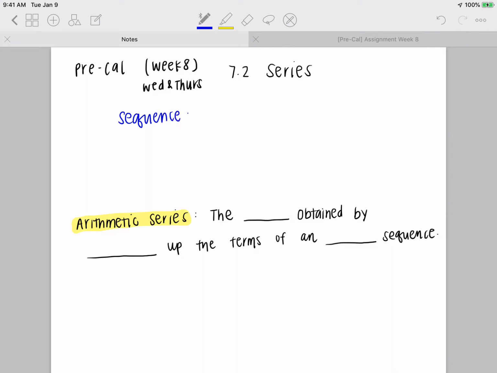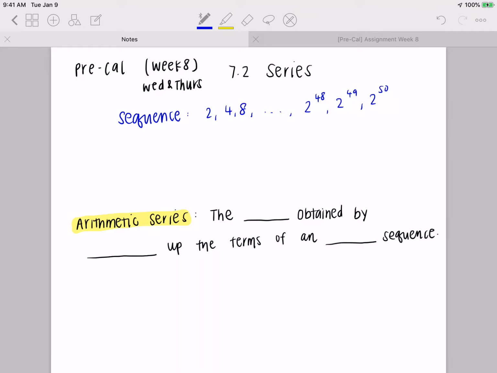A sequence, something that we learned last time, can be like 2, 4, 8, dot, dot, dot, and 2 to the 48, 2 to the 49, 2 to the 50, and just like this can be a sequence, okay?